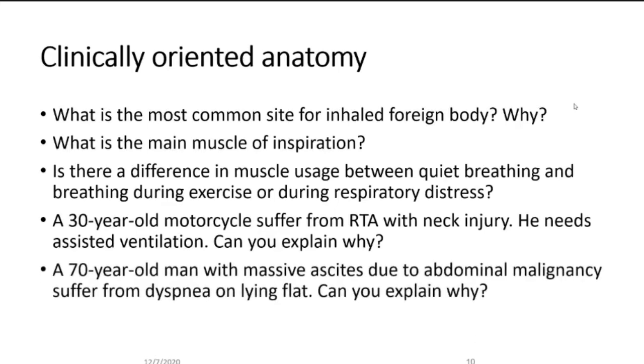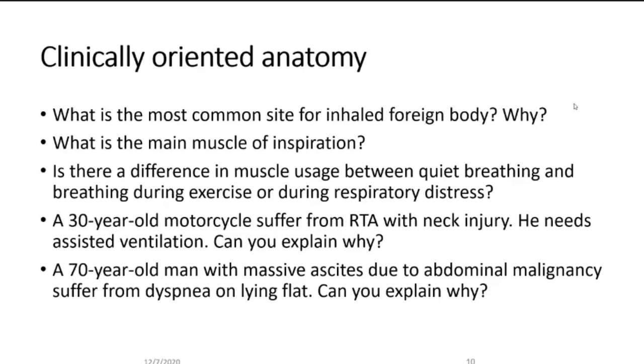A 70-year-old man with massive ascites due to abdominal malignancy suffers from dyspnea on lying flat. Can you explain why? Doctor, because the abdominal malignancy pushes up the diaphragm, and increases the intra-abdominal pressure and pushes the diaphragm. Yes.